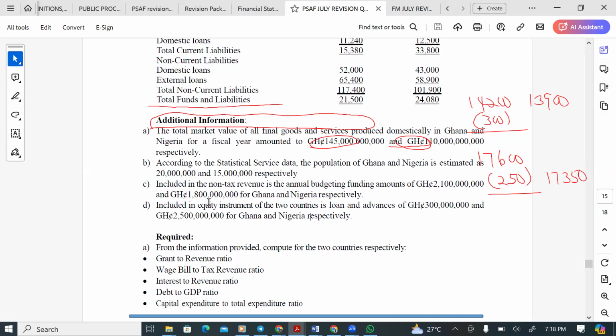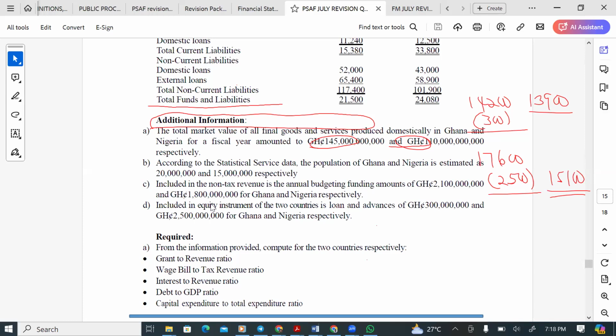I'm getting 15,100. So that will be 2,500. So that will be 15,100. These are the capital expenditure respectively.